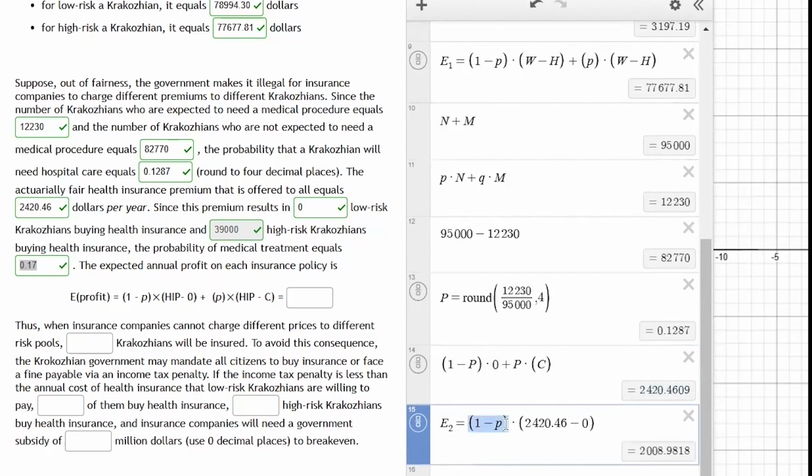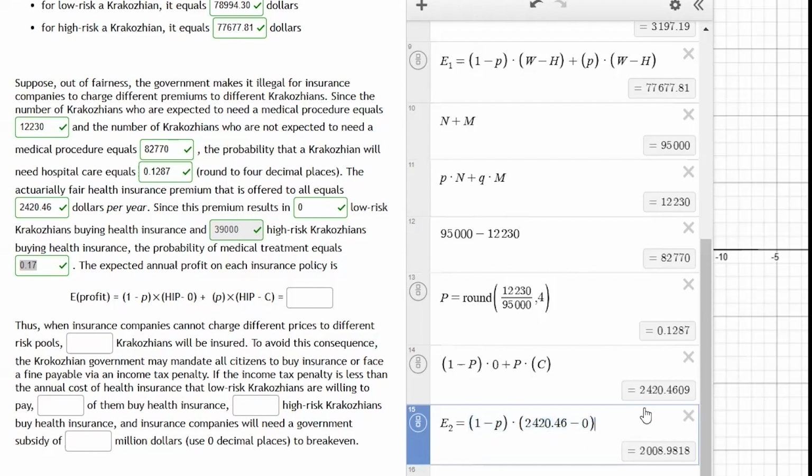The 1 minus p is the probability of the high risk Caucasian not needing the procedure. So if the procedure is not needed for a high risk person, and remember, only high risk people are left in the pool, then the insurance company collects this from that person and pays out 0 for the cost of treatment, because this is the probability of not needing the procedure.